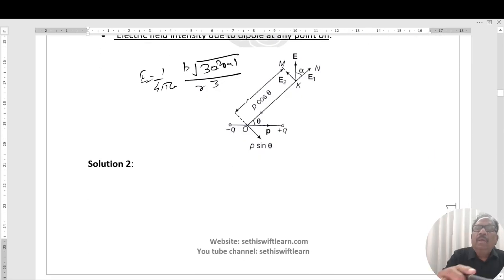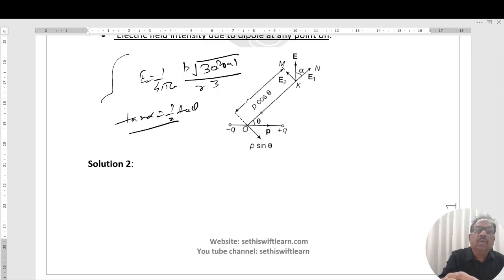Next, now in this question, the direction: tan of alpha is equal to 1 by 2 tan of theta. These are the two at any point. Now let's start the question.